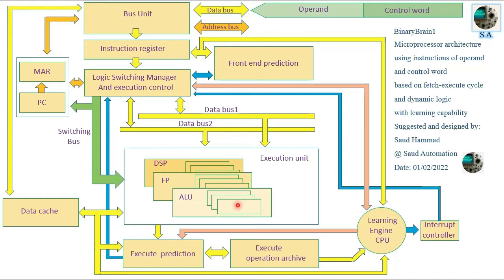So for example, to add two immediate values, value 1 will be loaded on data bus 1 and value 2 on bus 2. The control word will switch and select the sub-ALU logic part, which was defined to handle the addition of two values, and write back the result.